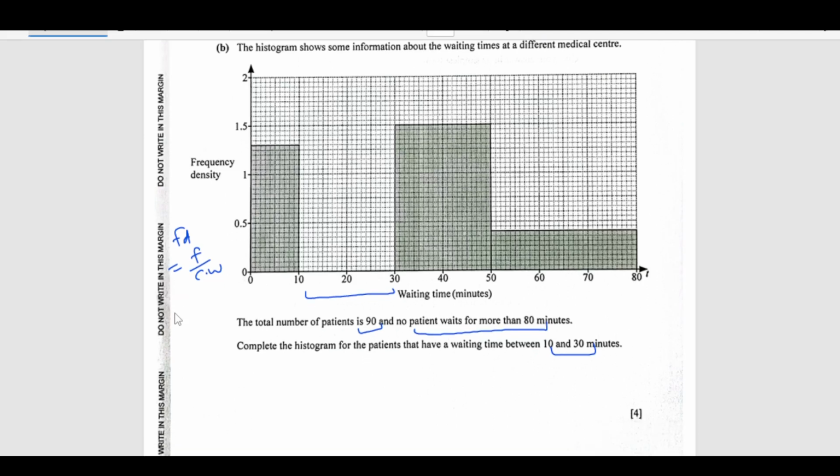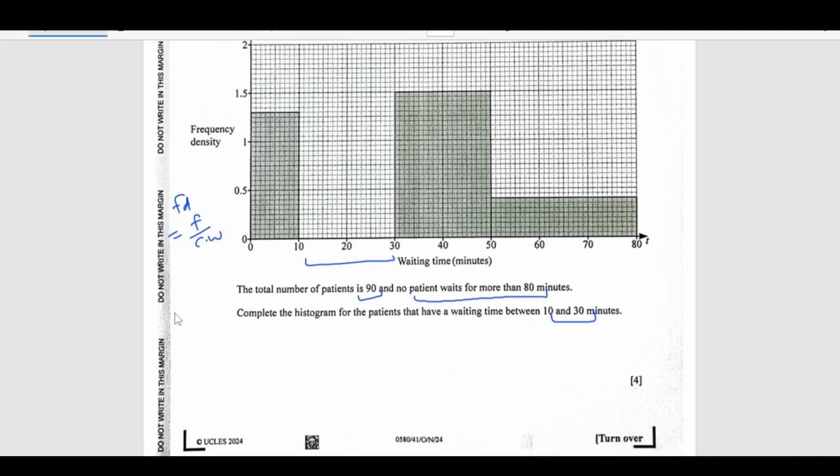As you know, the frequency density is equal to frequency over class width, right? From here we will have frequency as frequency density times class width, right? So from here, as you can see, this is frequency density.